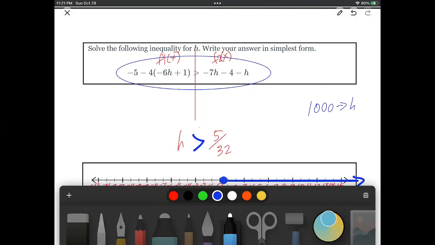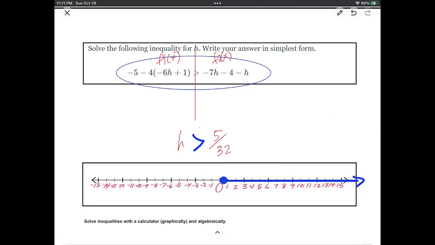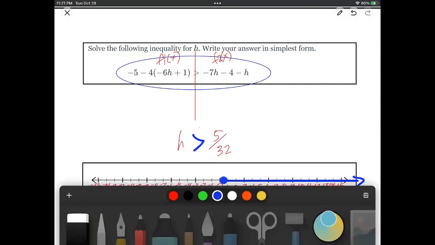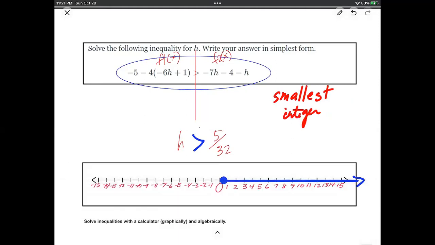Now, I'm going to do a couple things here. If I were to ask, what's the smallest integer that will make this inequality true? What you should say is, well, it starts at 5 over 32, so the smallest integer will be 1.